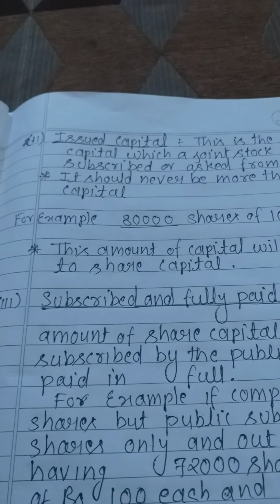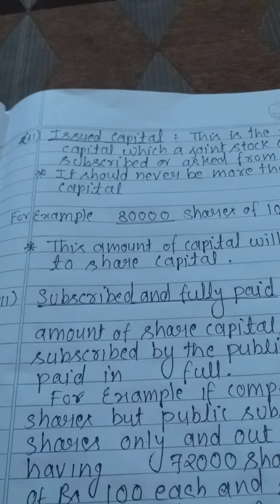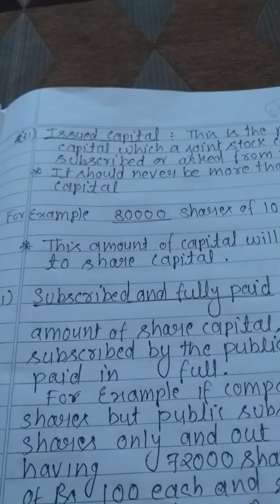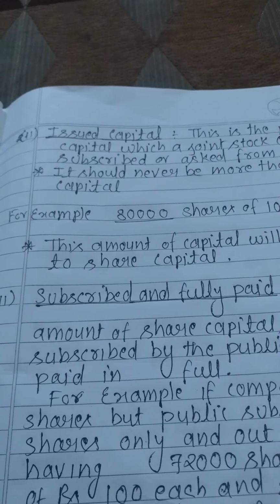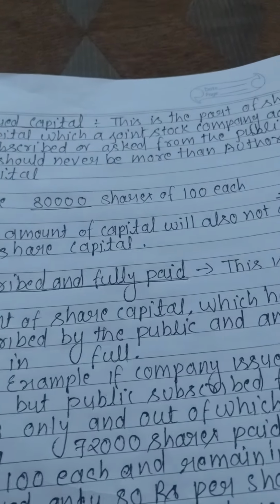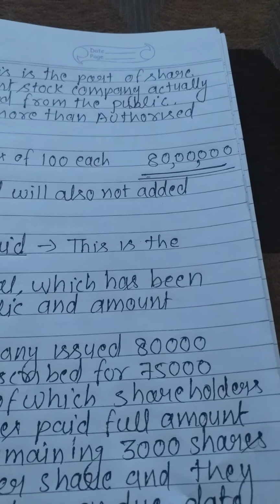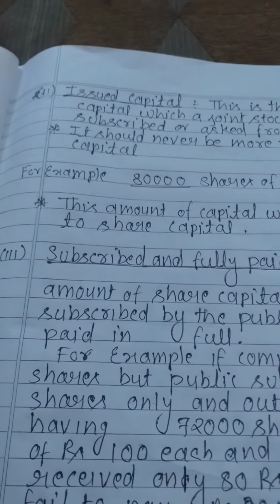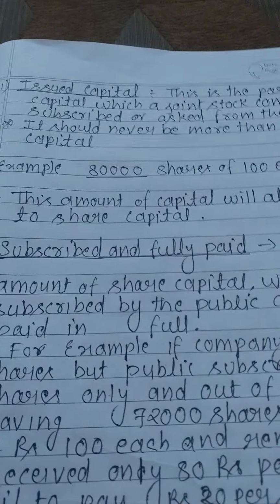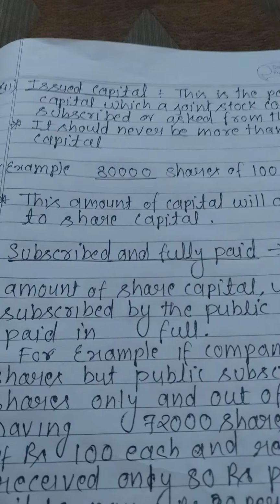As I have already given you the example, authorized capital is 1 lakh shares of rupees 100 each, so here the company cannot issue more than 1 lakh shares. In this example, the company has issued 80,000 shares of rupees 100 each. So the issued capital becomes 80 lakhs. This amount of capital will also not be added to share capital because it is not actually received by the company.